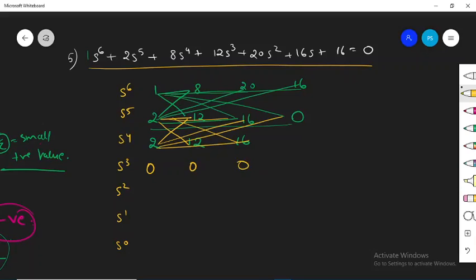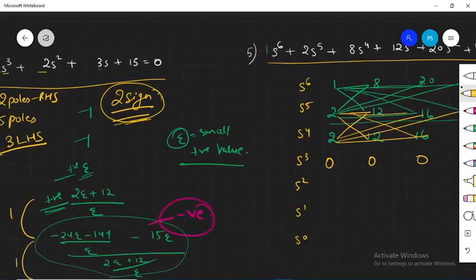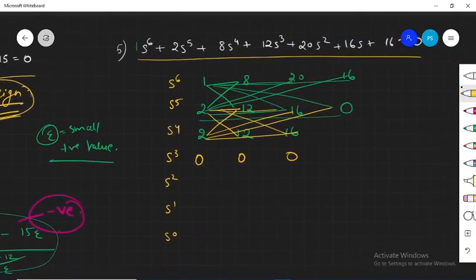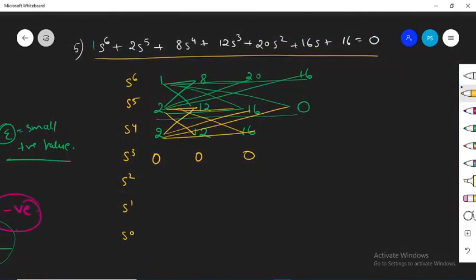So unlike the previous case, where the first term was 0 and the other terms were non-zero, here you can observe that this entire row is becoming 0.